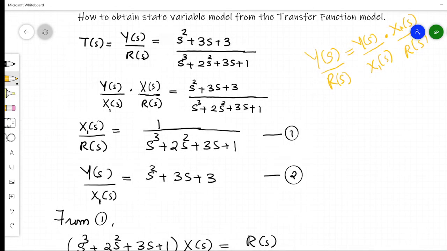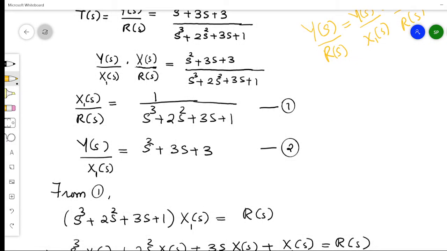We have separated the left hand side into a product of two ratios. Similarly, the right hand side we also make a product of two polynomials. Let us take the first ratio, X1(s)/R(s), which is equal to the first part from the right hand side, that is 1/(s^3 + 2s^2 + 3s + 1).